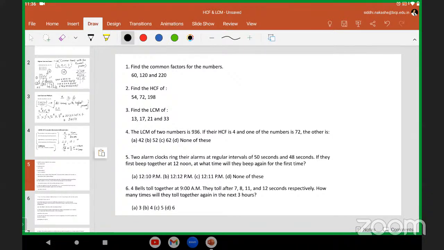In this question, you just have to take the factors of 60, 120 and 220. Factorize the terms.